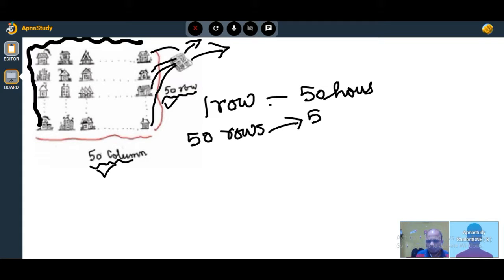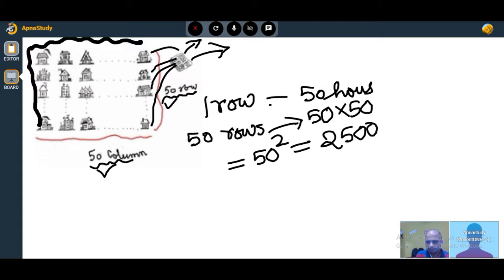Yes, it will be 50 times 50. And what is 50 times 50? It is equal to 50 square, or if I solve this, 50 square is 2500. So there are 2500 newspapers he needs to carry.